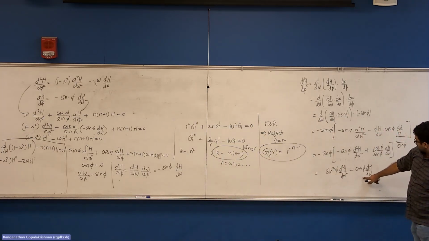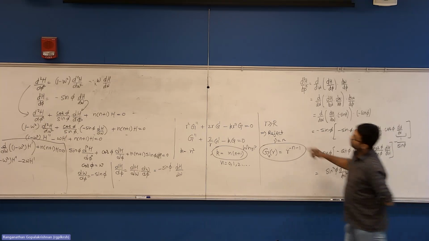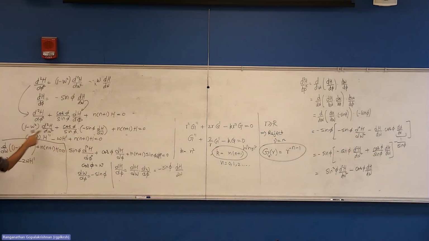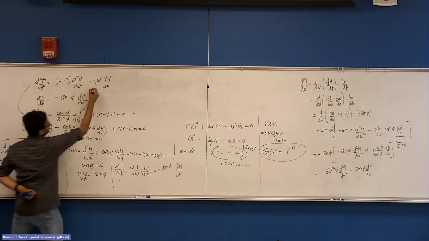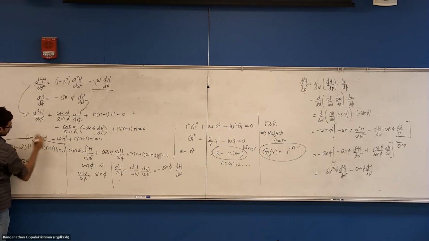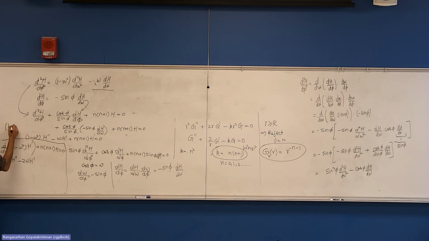Forgot about this, didn't we? No, we have it here. Okay. Oh, I did forget about this. I didn't write it here. So I did forget about this. One minus w squared times d squared h over dw squared minus w times dh over dw.